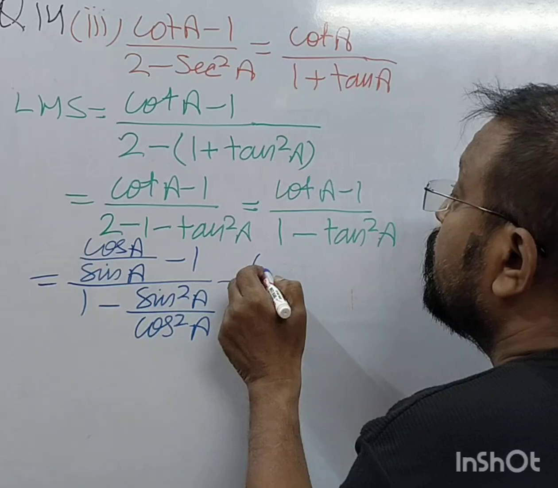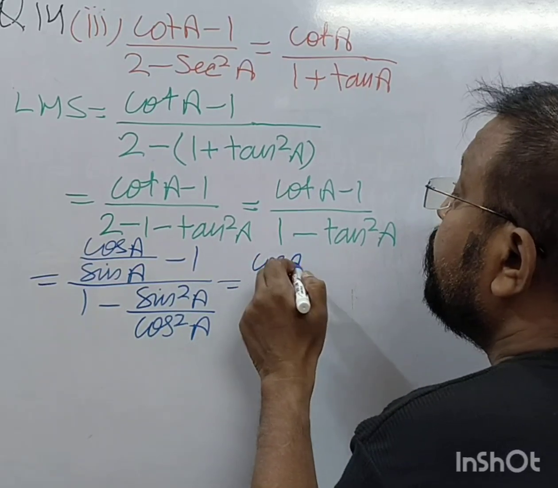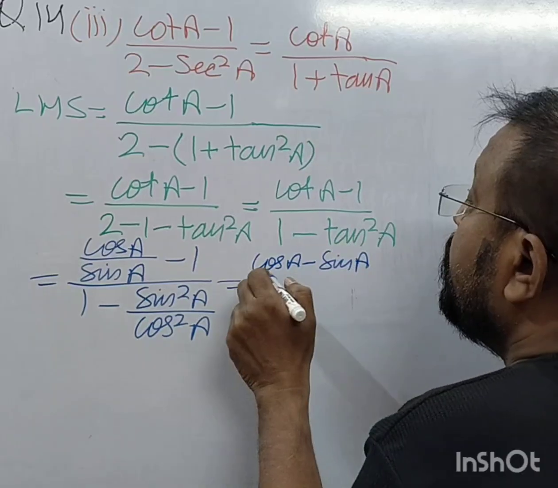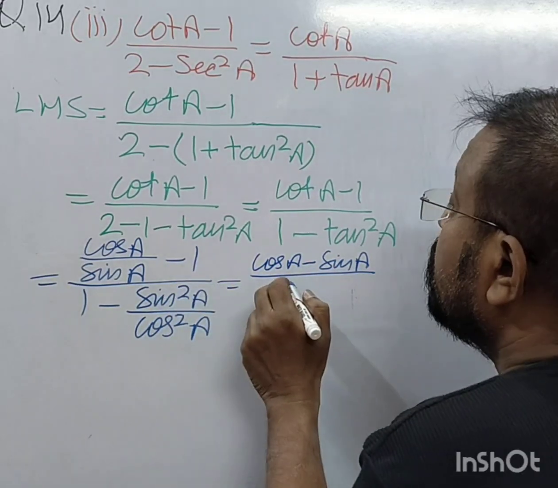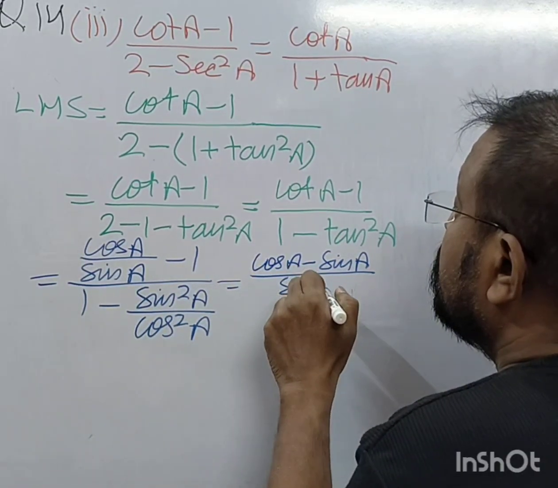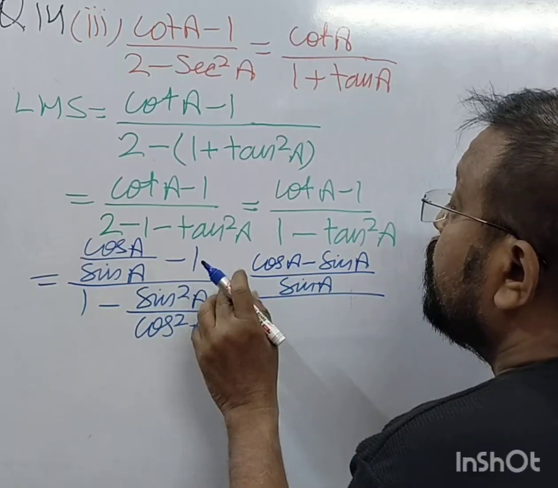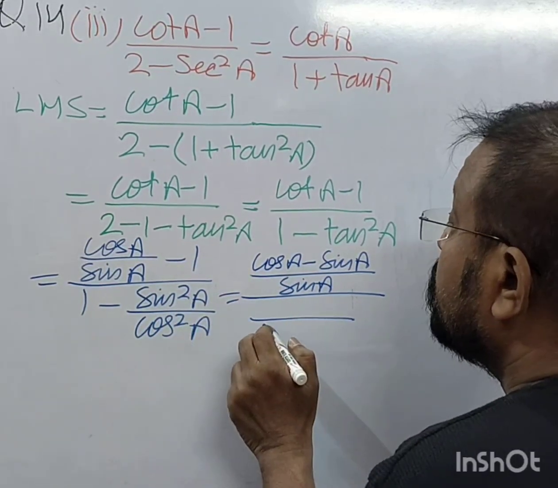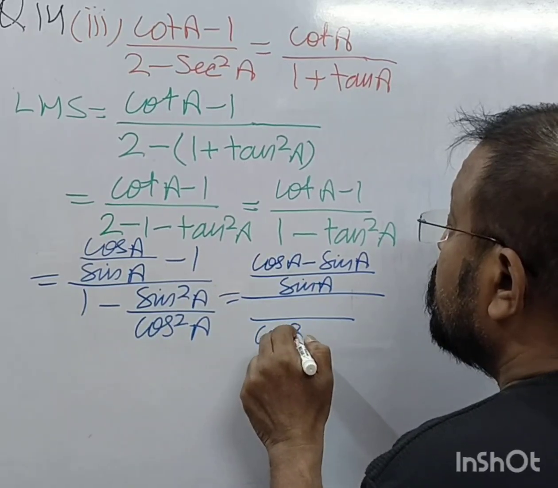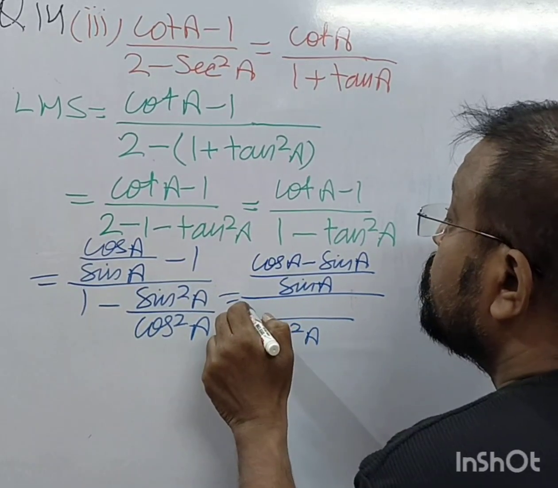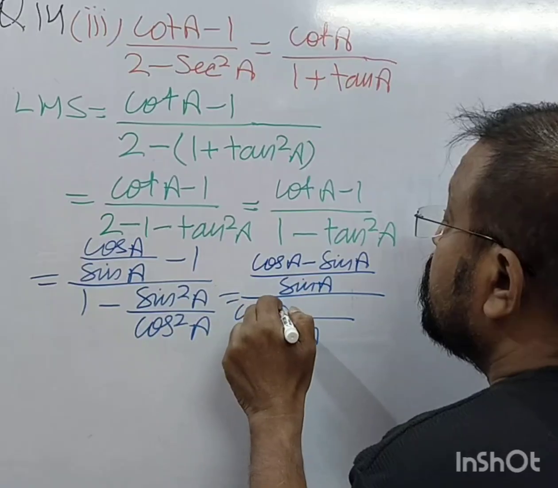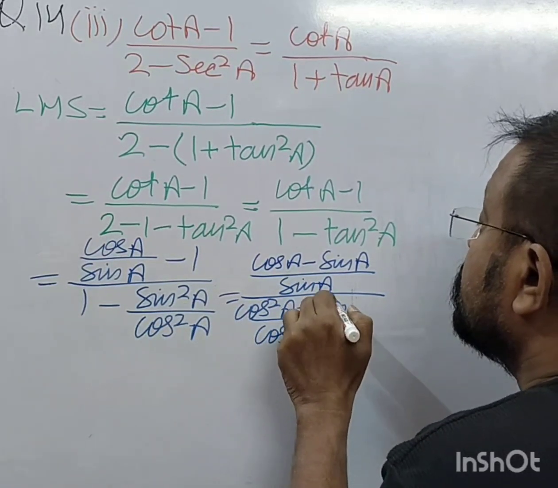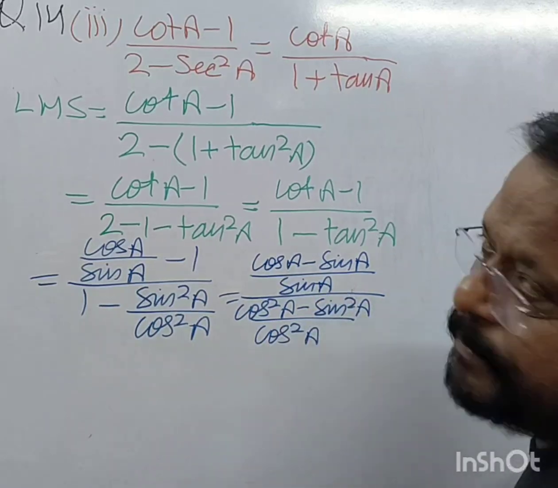If we take cos A minus sin A upon sin A, right, is equal to, cos square A, so it is cos square A minus sin square A.